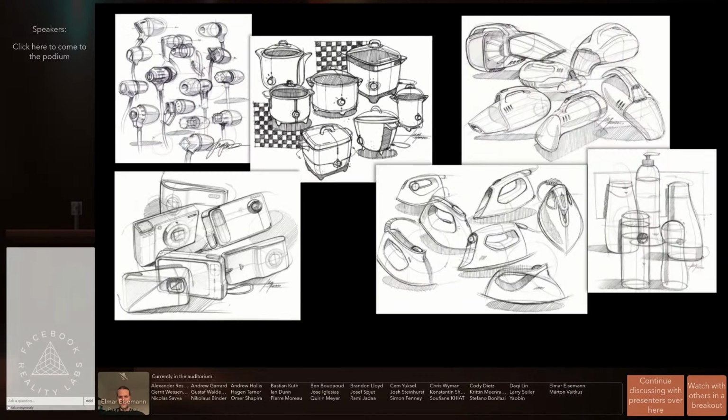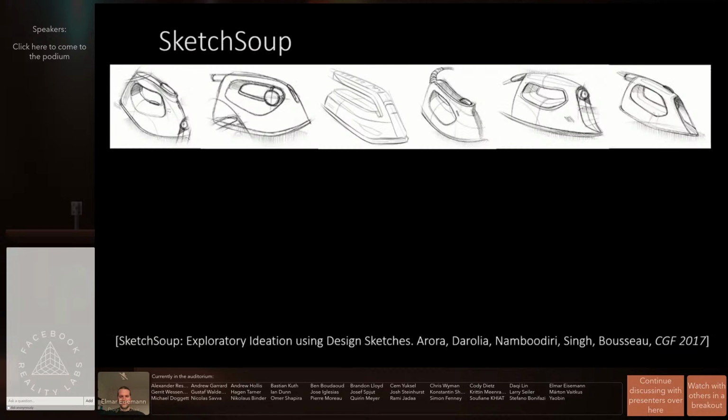Ideation sketches are rough, and in the early stages of a design, designers explore an ideation space through many quick 2D sketches. Sketch Soup is a system we built to aid 2D ideation.